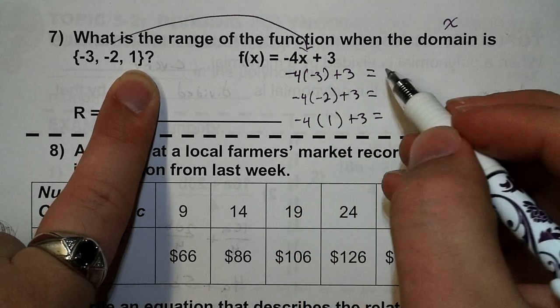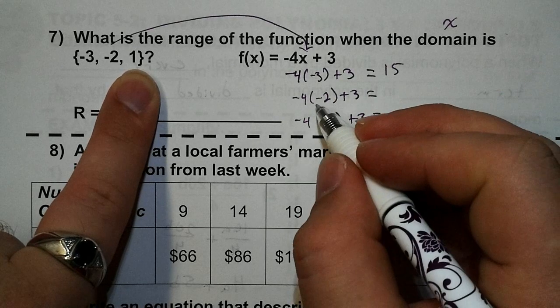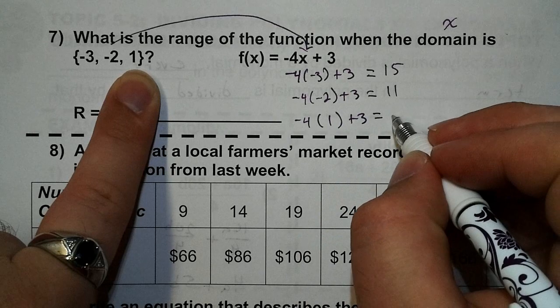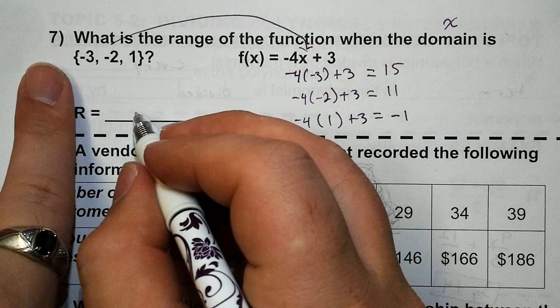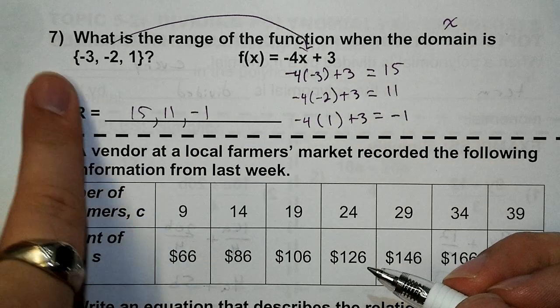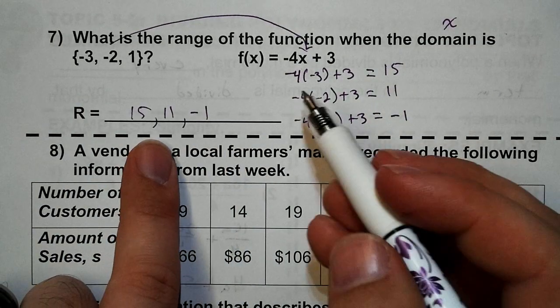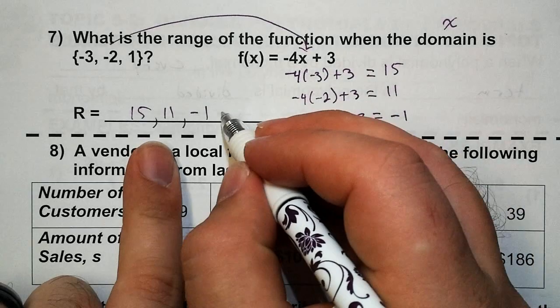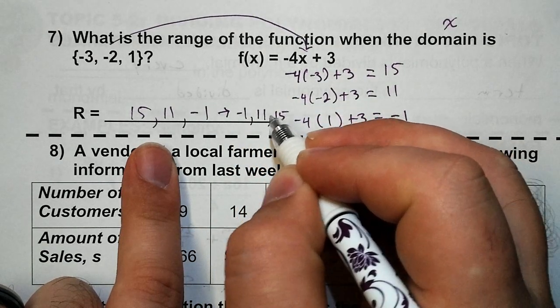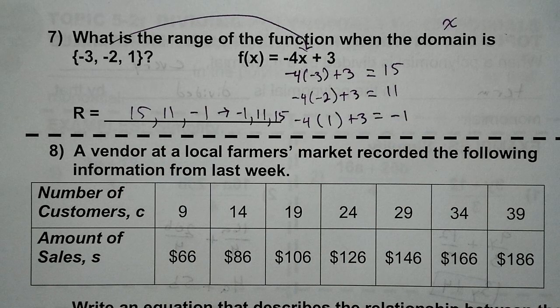That's +12 plus 3, which is 15. +8 plus 3, which is 11. -4 plus 3, which is -1. So our range here is going to be 15, 11, and -1. It is more proper to write it least to greatest, so you might want to rewrite that as -1, 11, and 15. But as long as those values are there, it's correct.